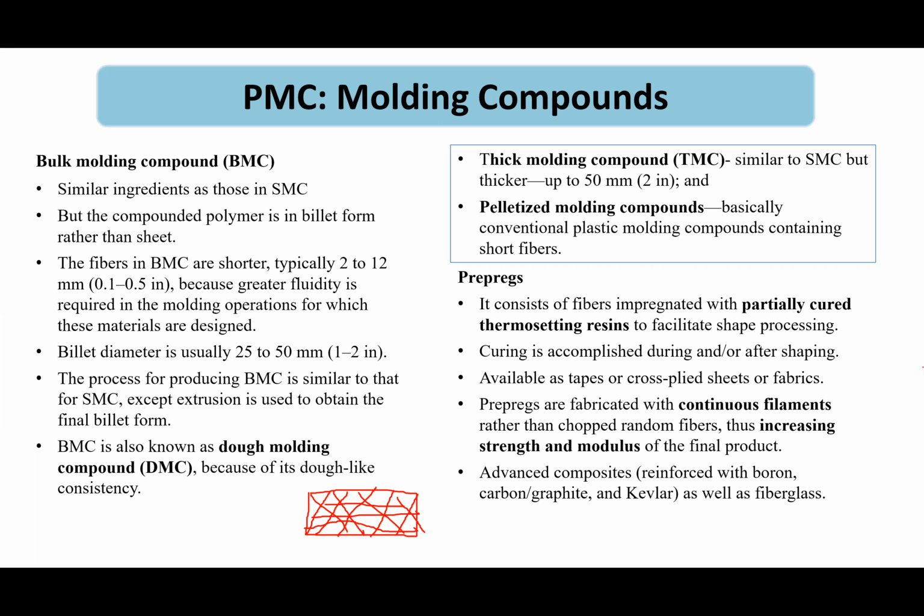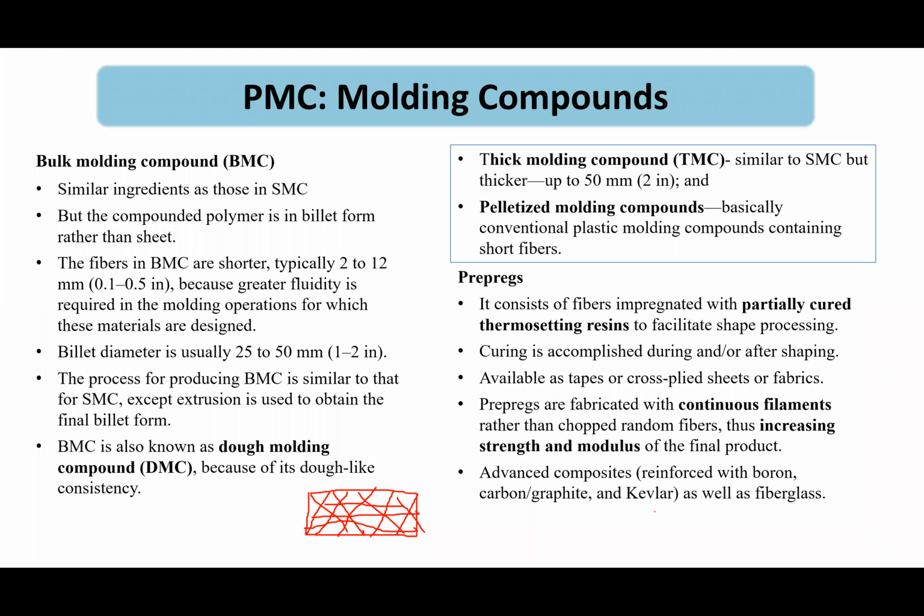Prepregs are fabricated with continuous filaments or mats rather than chopped random fibers, that means chopped or short-length fibers. That is why the composites made from prepregs have greater strength and modulus.